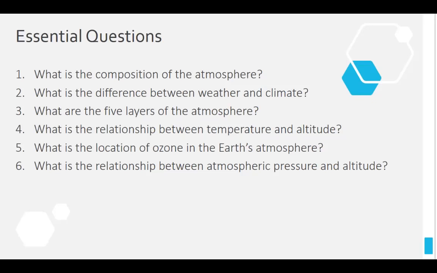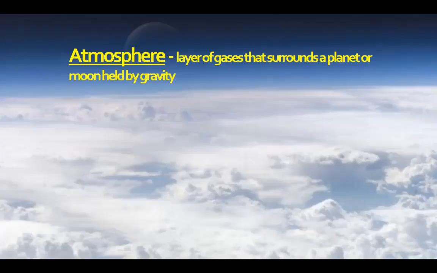Now, before we get started, the atmosphere is something that I think we overlook a lot. We can't see a lot of the air that we breathe, and so we forget about it. If you can see it, it's something you should typically be concerned about, right? So, at its very simplest, the atmosphere is the layers of gases that surround a planet or moon held in by gravity.